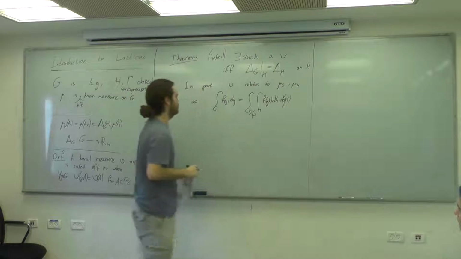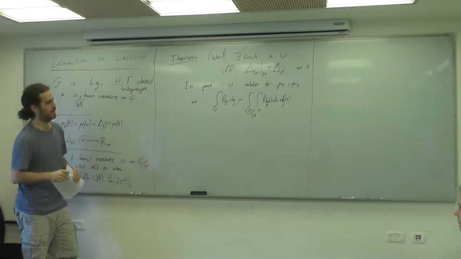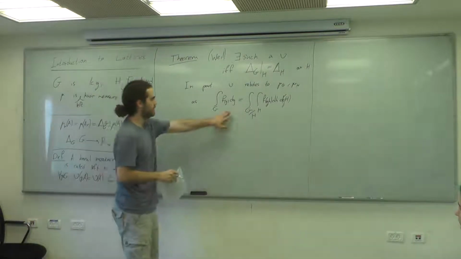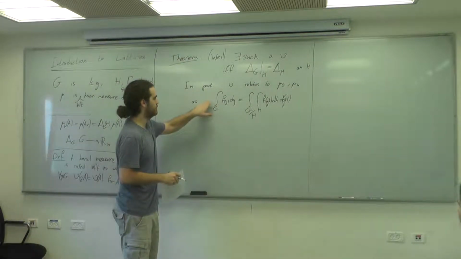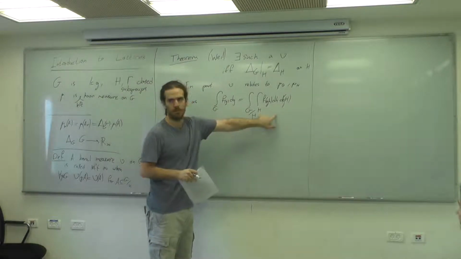This is the connection between the measures, and an intuitive way to think of this formula, why it is true, is that this gives you a Haar measure on G.